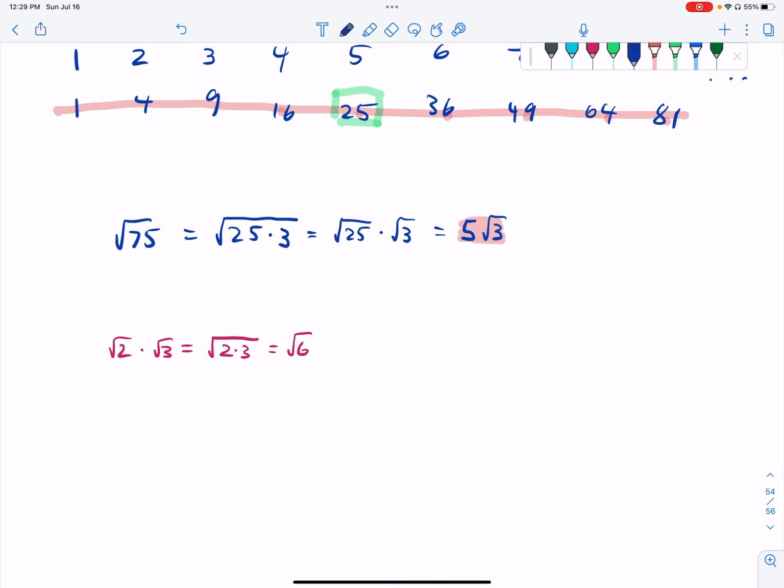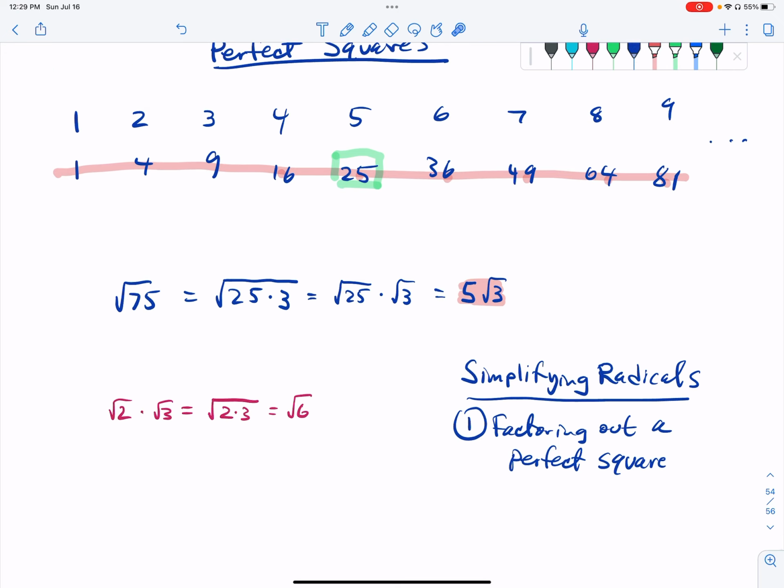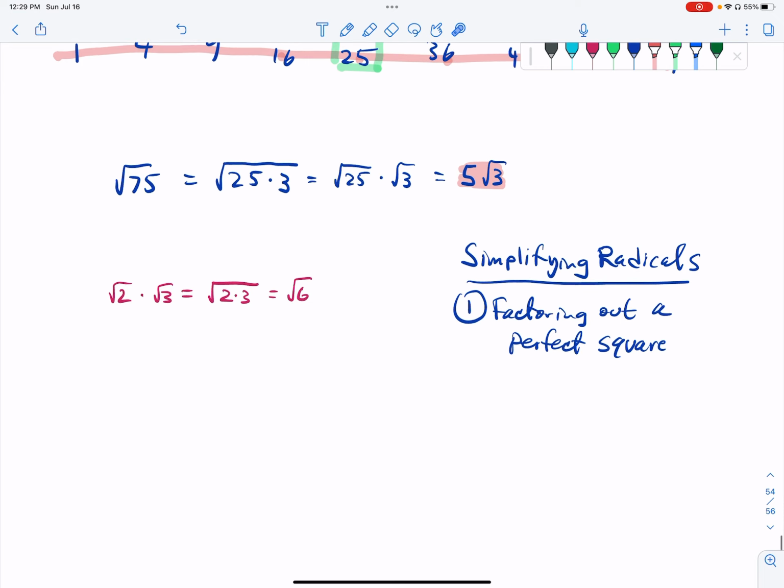So I'm going to say simplifying radicals, and the first method is factoring, if I can spell that word correctly, factoring out a perfect square. And whenever you do this, make sure it's the biggest one possible. Sometimes you have multiple perfect squares that go into it. You're choosing the biggest one.